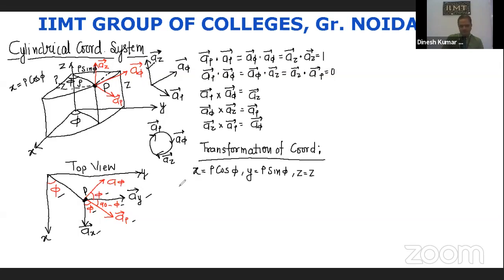If we take x square plus y square, from the above three expressions it will come out to be equal to rho square, or we can write rho equal to under root of x square plus y square.